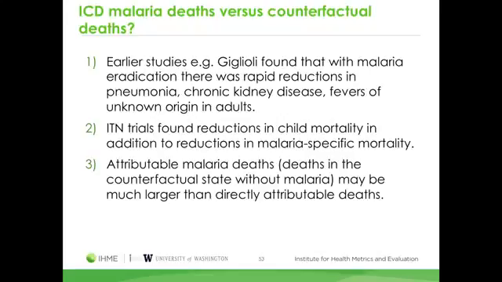Relationships have been established in some older studies between malaria and pneumonia, where it may well be that malaria is the underlying cause and the intermediate cause is pneumonia, or in some other literature, for example, chronic kidney disease.